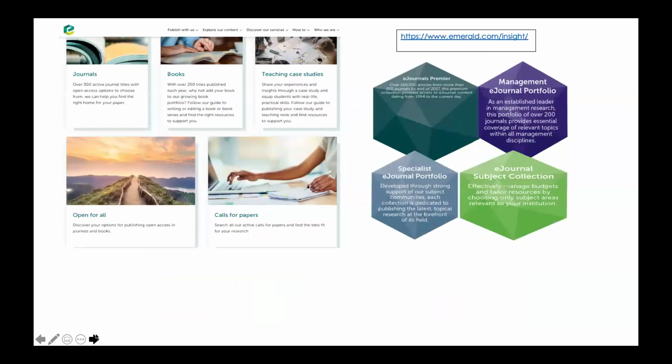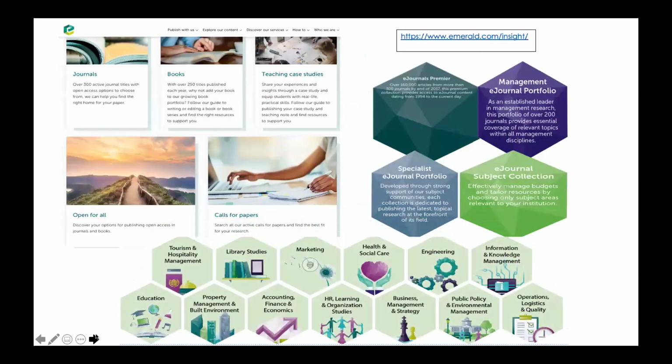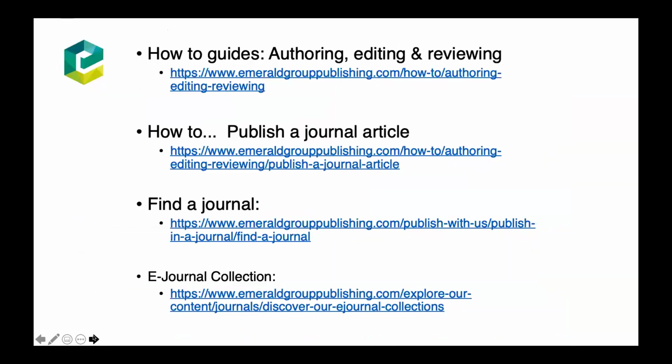Okay, this is an example as well, and there are so many fields in the Emerald publishing system, like tourism and hospitality management, science and technology, health and social care, engineering, information and knowledge management, and many other fields. Emerald Publishing also guides you on authoring, editing, reviewing, how to publish a journal article, and helps you find a journal.